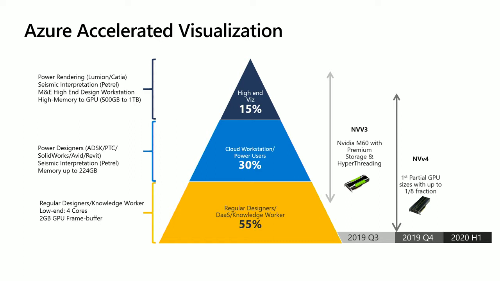So this really dynamically changes the economics of offering GPU-accelerated virtual desktops to users. And not only now, at the high end, can you take a whole MI25 card to yourself, but you can go all the way down to that 1/8. And we talked a little bit about why that's cool. You have people running Photoshop. You have people running Outlook. You have people running web browsers.